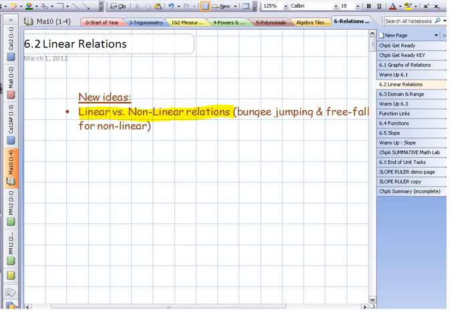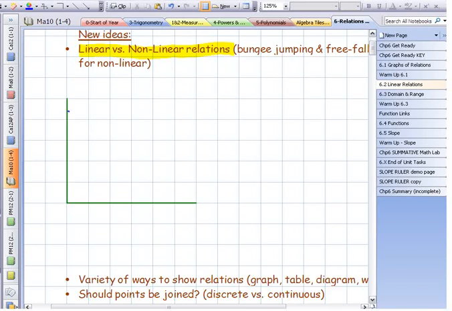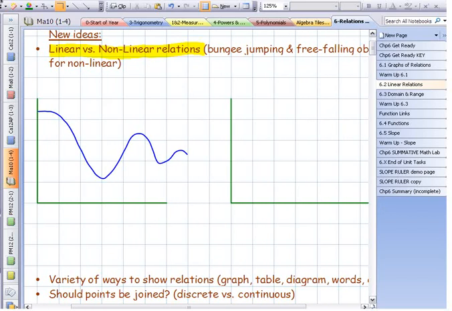So if we have a couple of graphs here, let's draw something that's not linear. I drew you the bungee jumping graph because it would probably be something more like that. That's definitely not linear. Another example of not linear would be if you just drop something, which we did before.